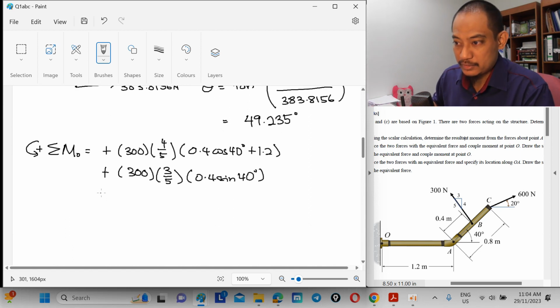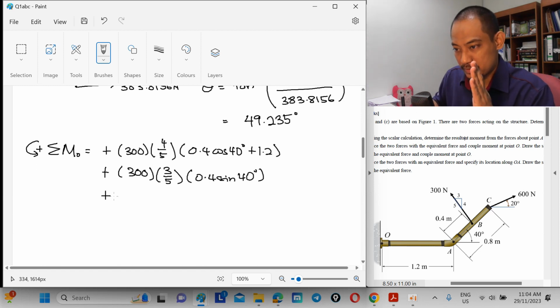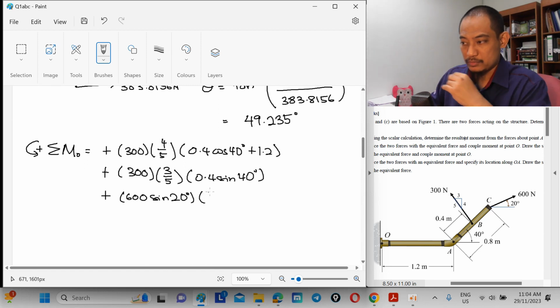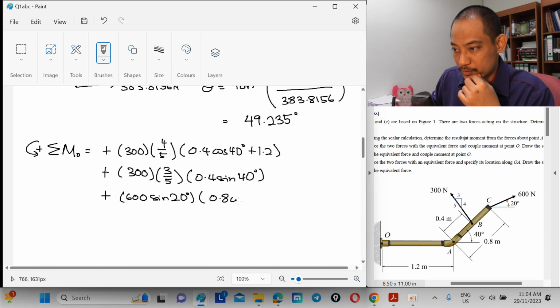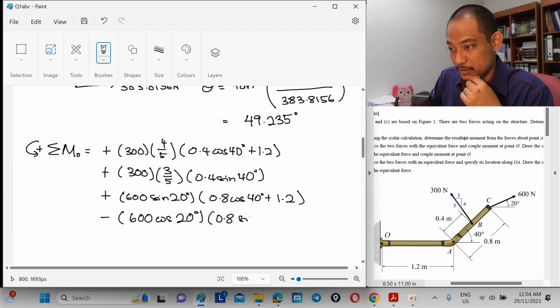And then for 600, let's take vertical one first. For vertical, so plus 600 sine 20 degrees, and then 0.8 cos 40 degrees plus 1.2, and then minus 600 cos 20 degrees, 0.8 sine 40 degrees.